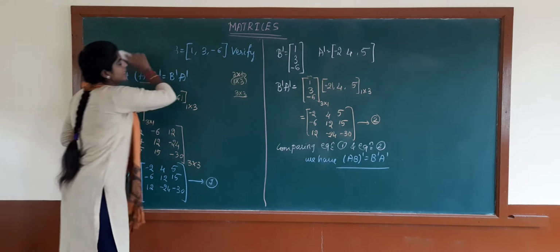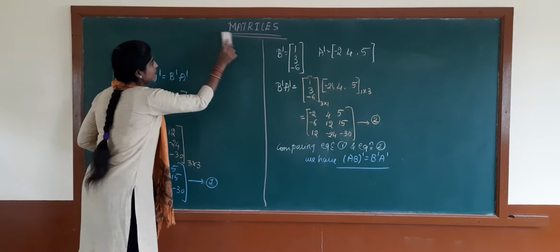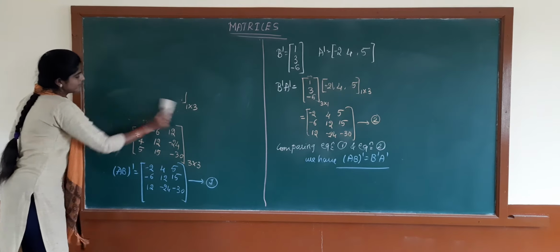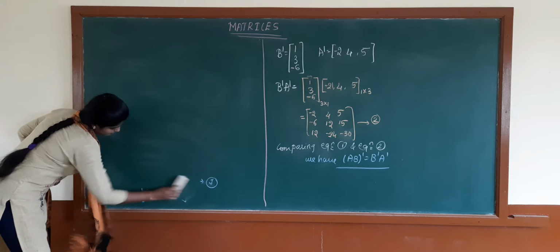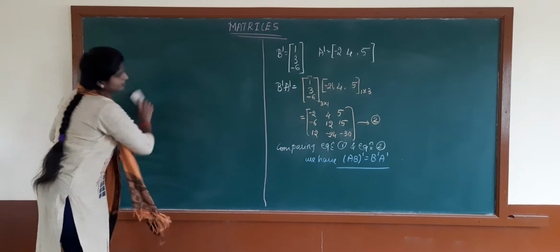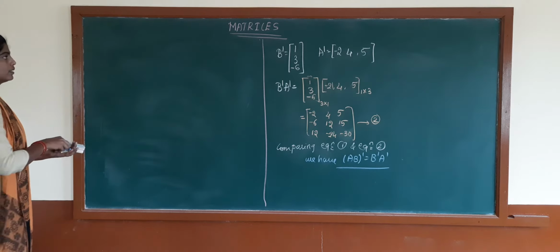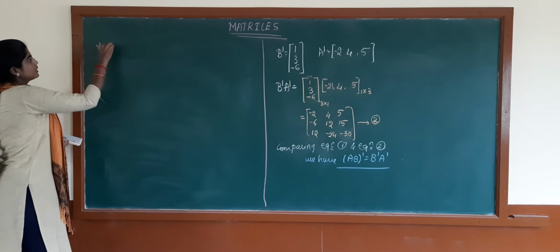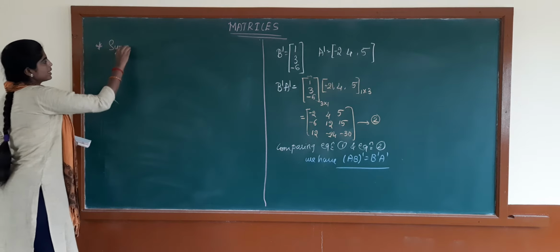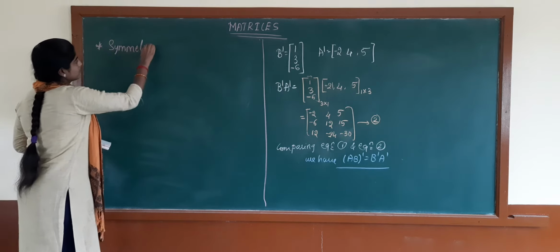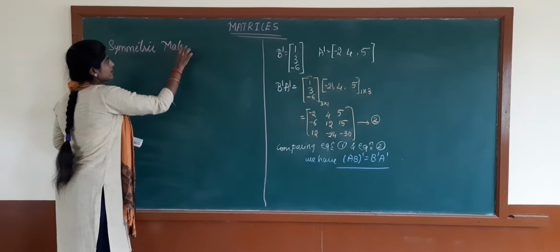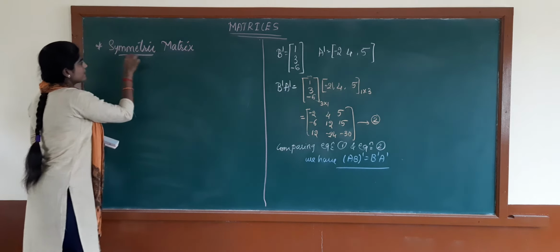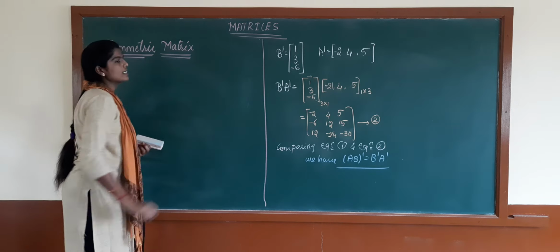So the next definition is symmetric matrix. We know the definition of the transpose of a matrix.